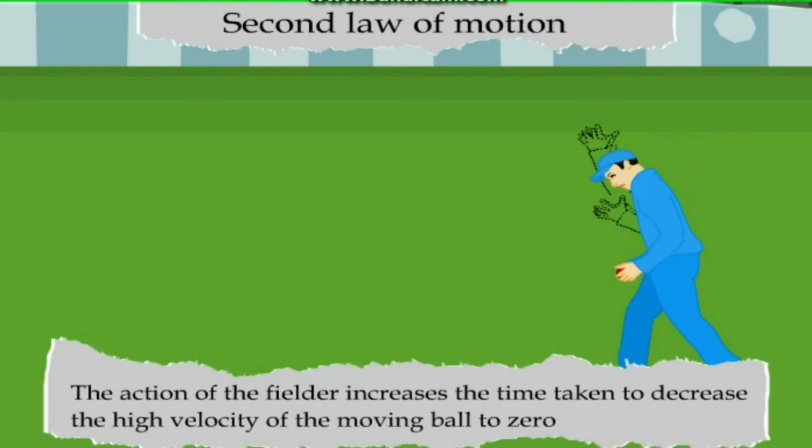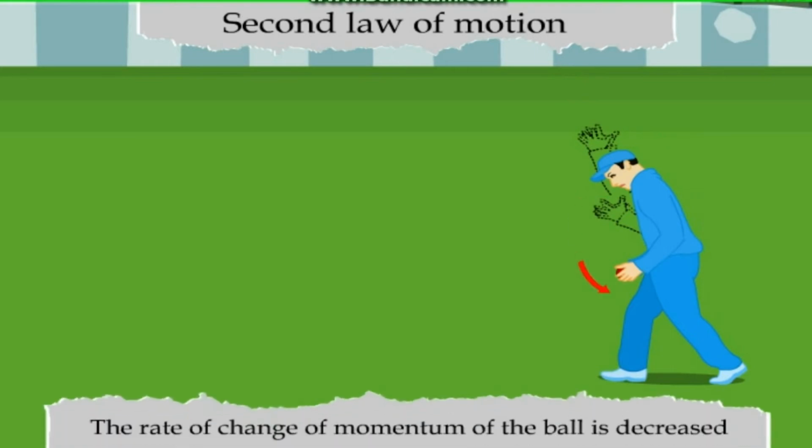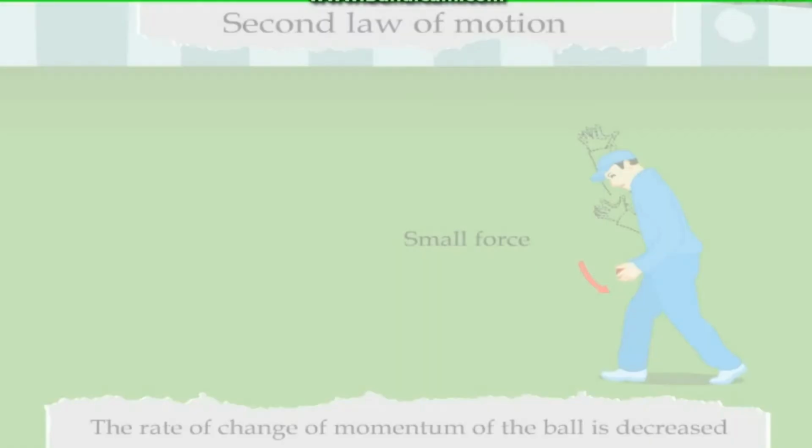This action of the fielder increases the time taken to decrease the high velocity of the moving ball to 0. Due to more time taken to stop the ball, the rate of change of momentum of the ball is decreased, and hence, a small force is exerted on the hands of the player.